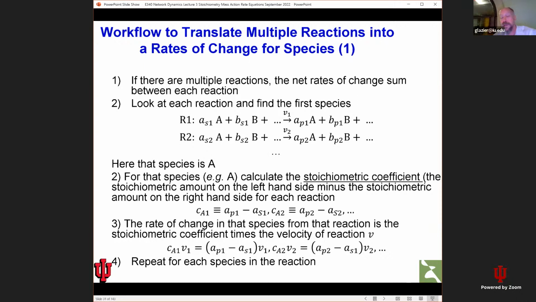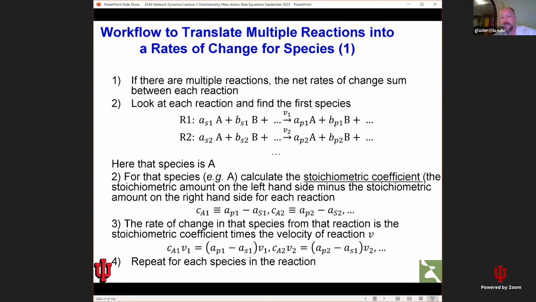And so again, we just systematically go through our reactions. Here, A appears in reaction 1 and reaction 2. We find the stoichiometric coefficient for A in both. We multiply the rate of the first reaction, V1, times the species stoichiometric coefficient for reaction 1.